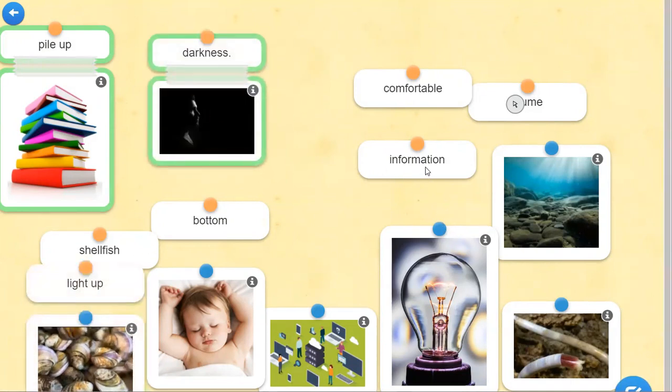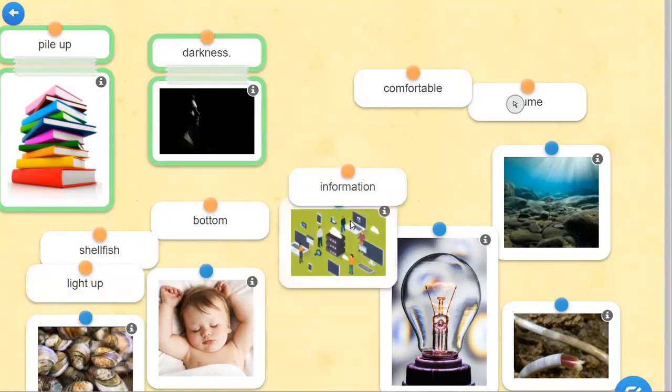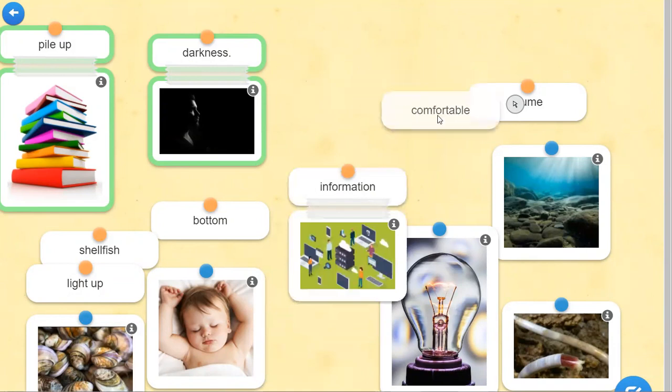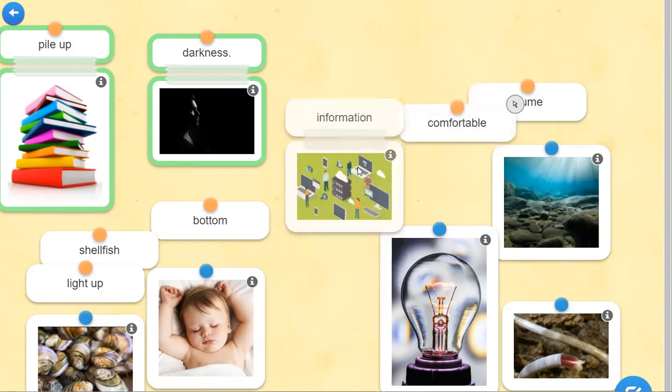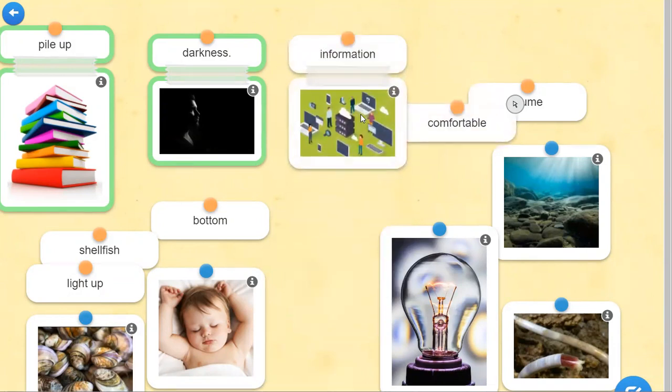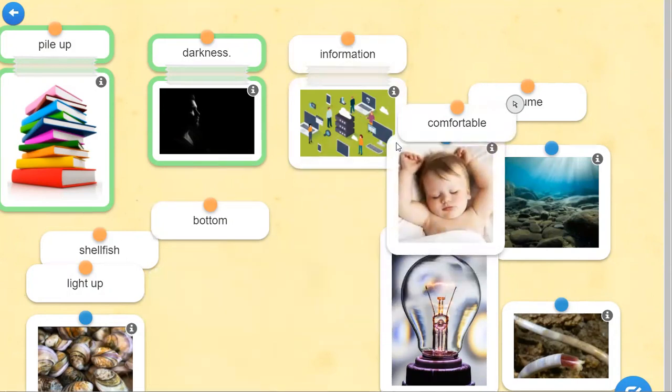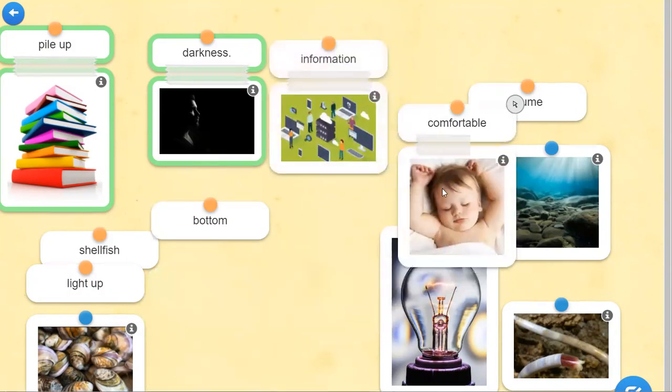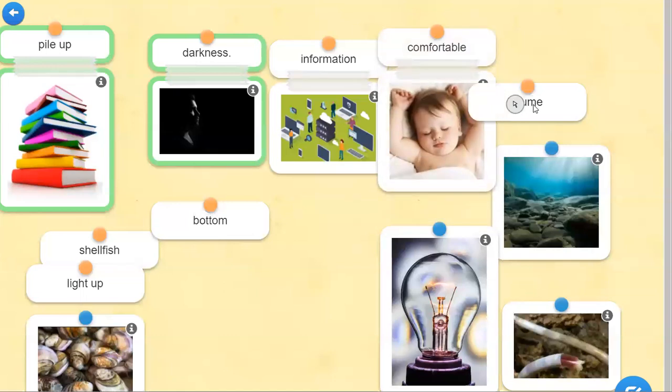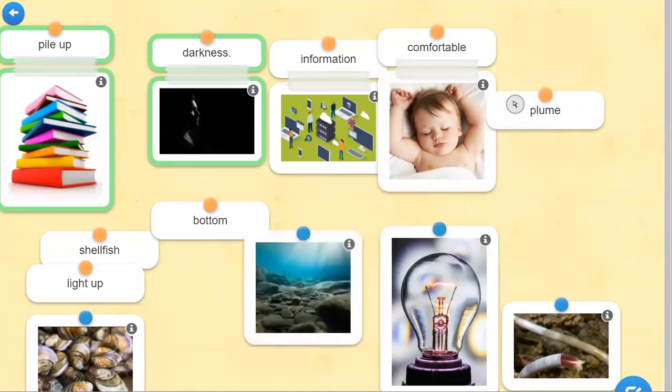Comfortable. Here is the word information, like our book gives us information, pieces of information, information about plants, about animals, about anything. Here is the word comfortable. Yeah, it's very easy. And what is bloom? Yeah, this is bloom, what we studied.